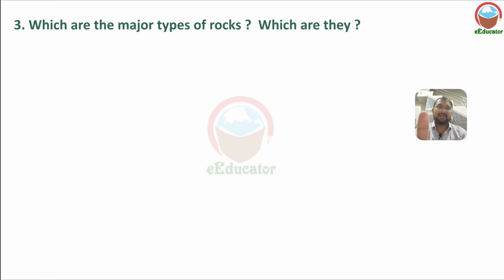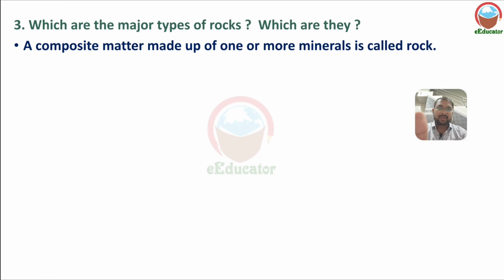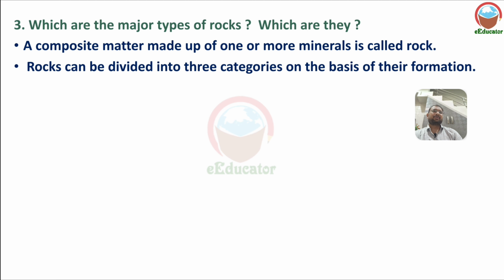Third number, which are the major types of rock? A composite matter made of one or more minerals is known as a rock. A matter which is formed out of one or more than one composition of minerals is considered a rock.